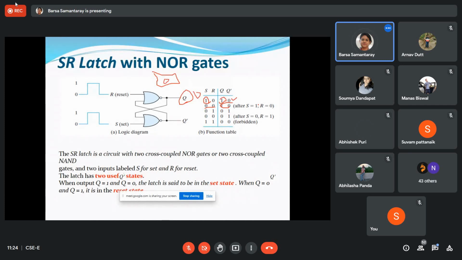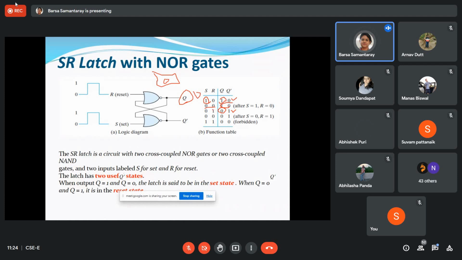Okay. Next, what happened with this one? Again we changed the input condition: S to 0 and R to 1. That means if I activate the reset input, setting it to 1, what should the output be? It should be reset, meaning 0. You can check here that Q is 0, and Q is 0 means Q dash is 1.